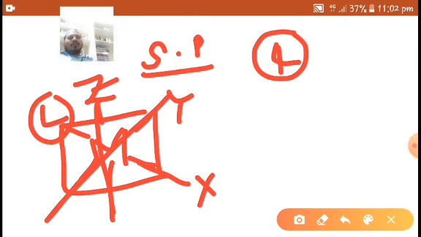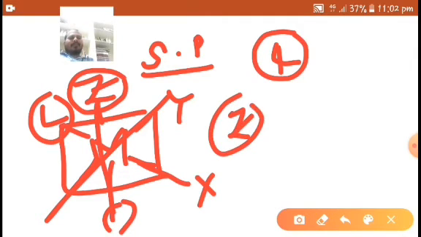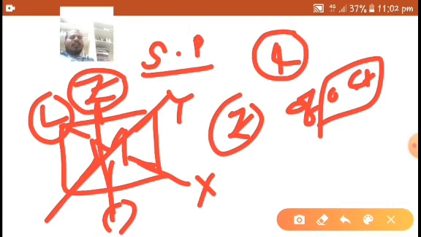If you remove two ligands from the z axis of octahedral complexes, you will get a square planar structure.